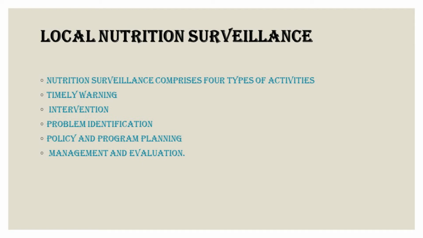The problems identified through surveillance can help generate timely interventions. Nutrition surveillance comprises four types of activity: timely warning and intervention, problem identification, policy and program planning, and management and evaluation.